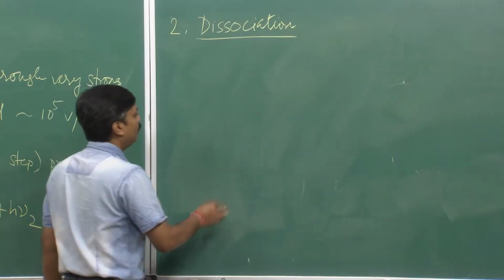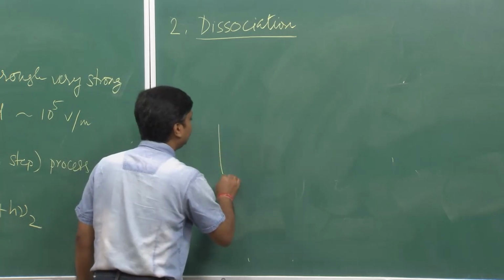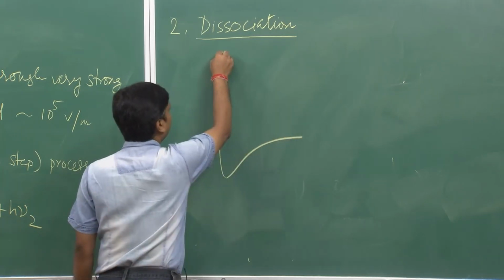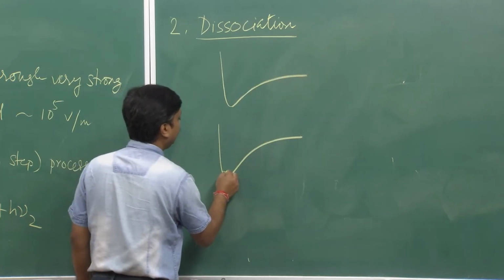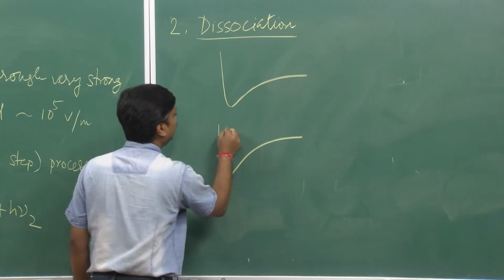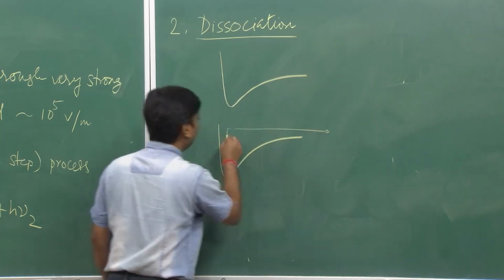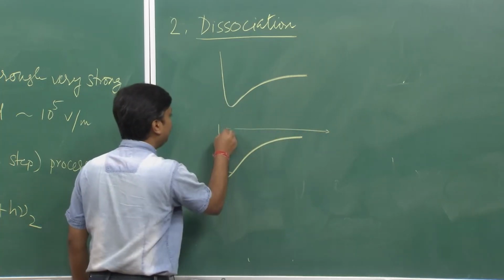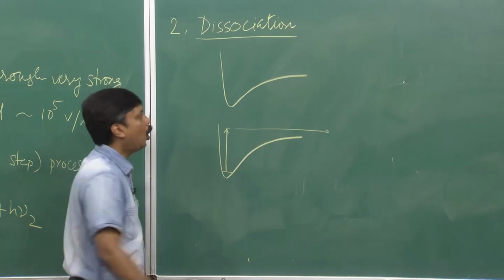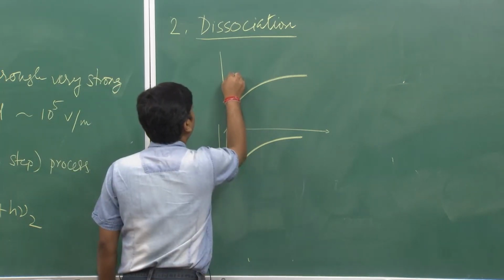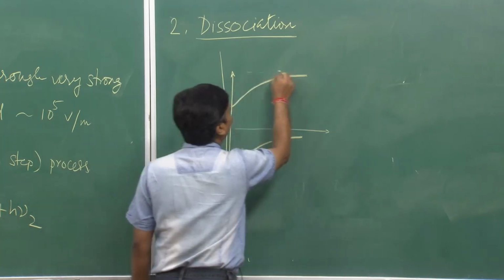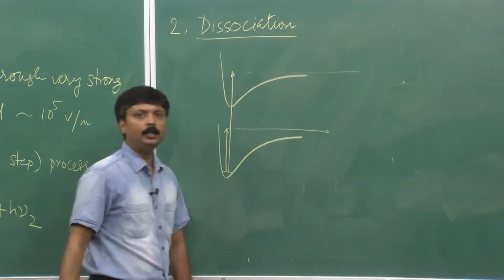So, when we talk about dissociation, one can excite the molecule up here and it will go and dissociate. Okay. So, this is within the same level, you can do that. Also, you can put it over here and the molecule will be dissociating, correct.